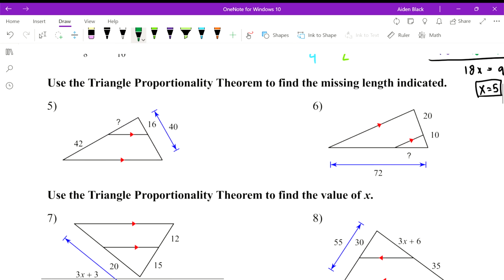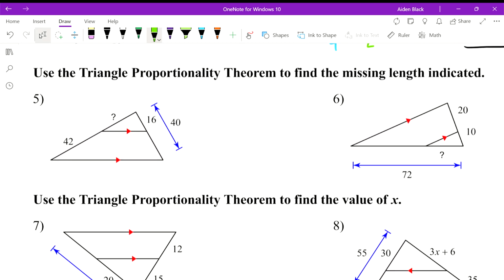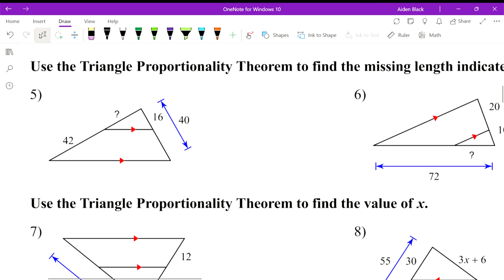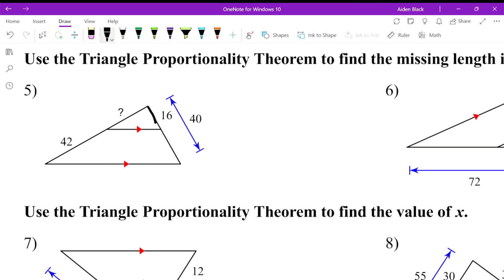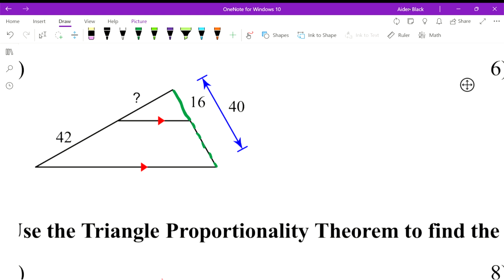Now let's go to the triangle proportionality theorem. It's very similar in that we're just looking at proportions. As you'll see here, this value is 16, and this value here is 40 minus 16. So what is 40 minus 16? That should be 24.